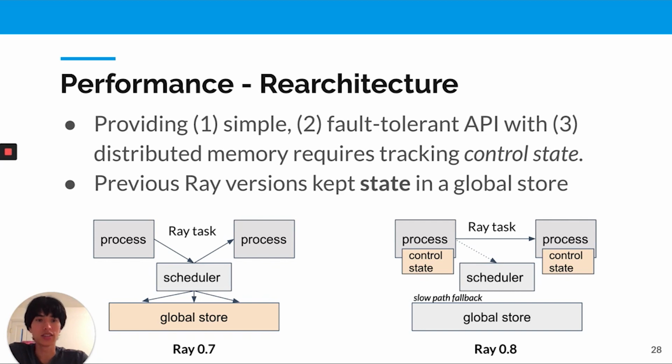And that both simplified the design and enabled us to implement features like distributed reference counting and direct calls. It also allowed us to go directly from process to process, to bypass the scheduler in the common case and speed up performance.